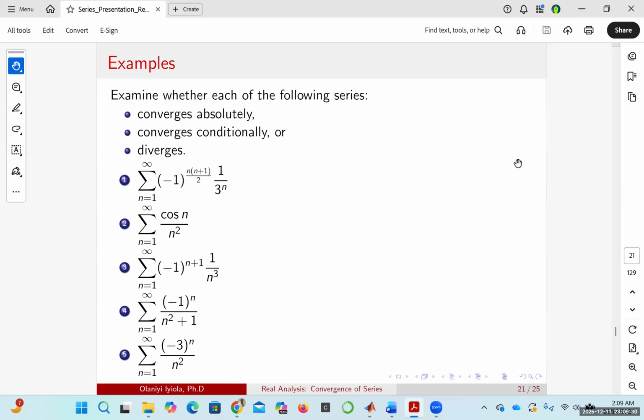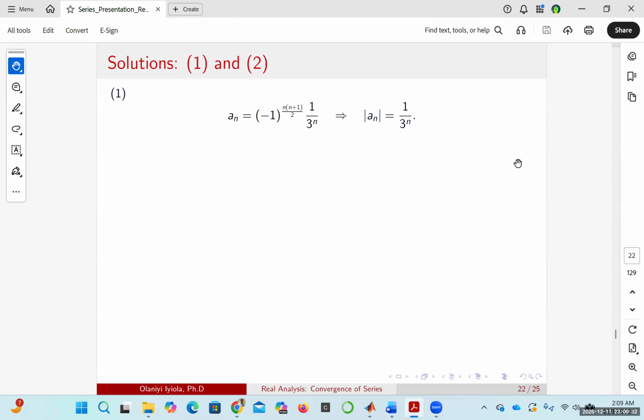All right, so let's start with example 1. What you do generally is to take the sequence inside the sum. In this case, we call the sequence a_n, which is (-1)^n times (n plus 1) over 2 times 1 over 3 to the n.